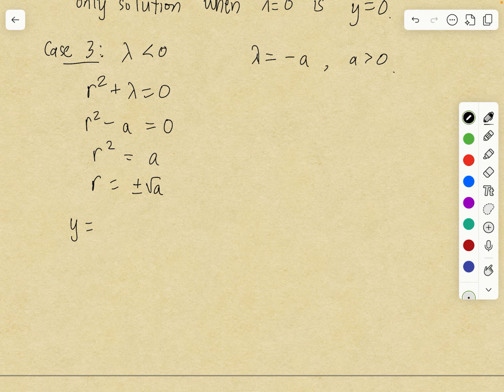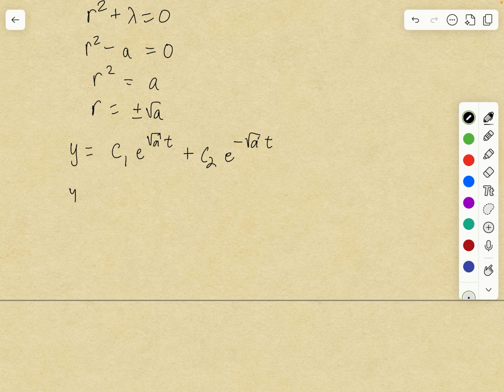So now the general solution is y equals c1 e to the square root of a t plus c2 e to the minus square root of a t. And let's take the derivative because we're going to need to plug stuff in. So you take the derivative and you get square root of a times c1 e to the square root of a t minus the square root of a c2 e to the minus square root of a t.